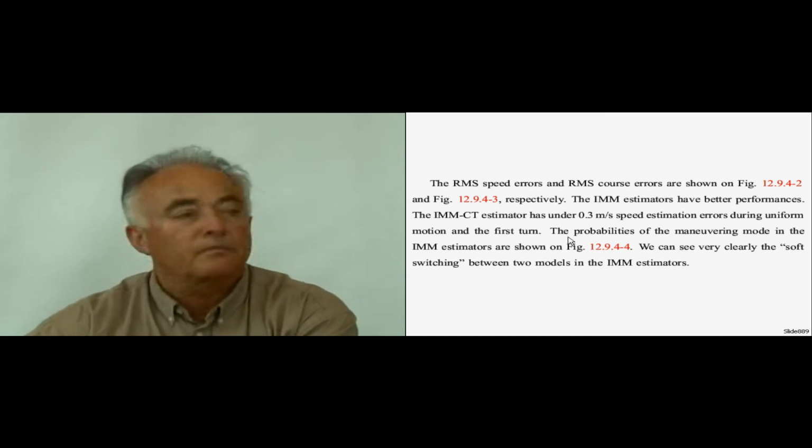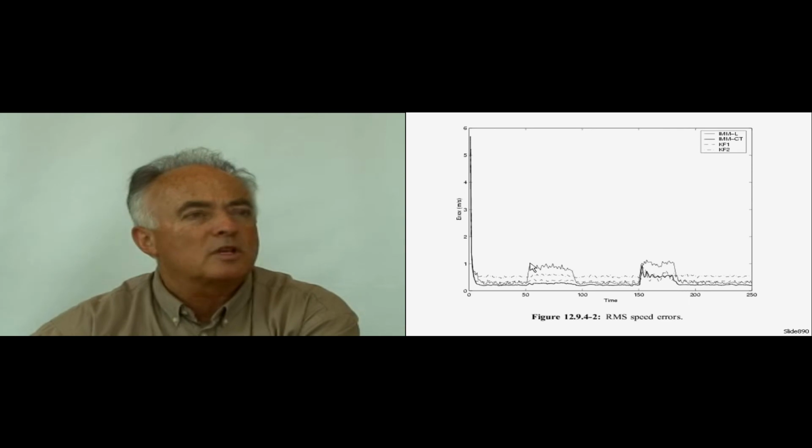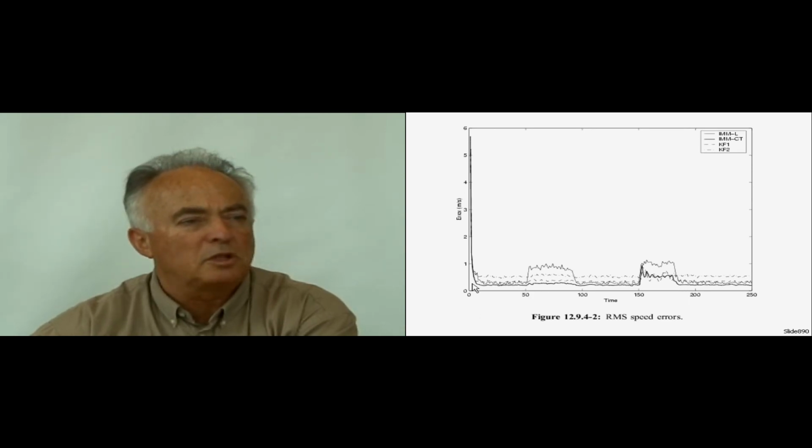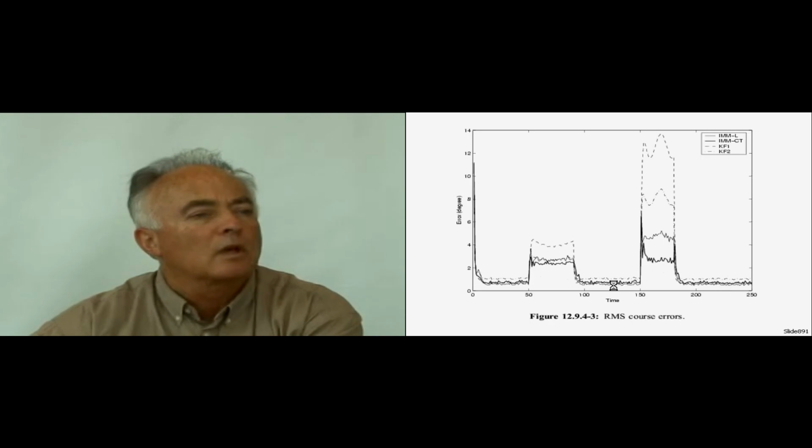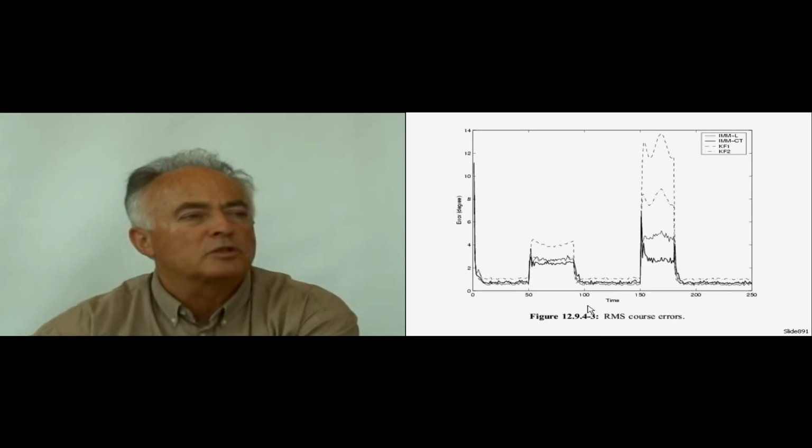And we can see here again, error in meters per second, it stays pretty much constant. None of the other filters can match it. And these are the course errors. It is harder to get, it turns out, the direction in which the velocity vector is pointing, so it is pretty good, under 1 degree, when it's not maneuvering.